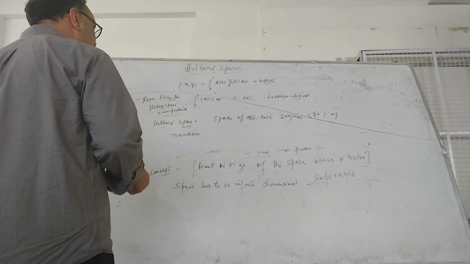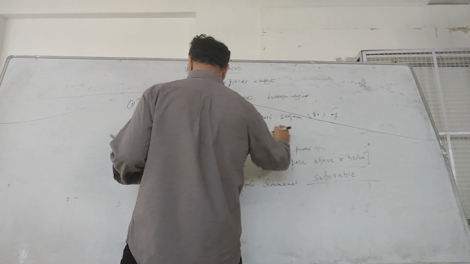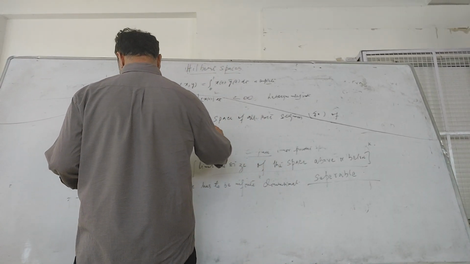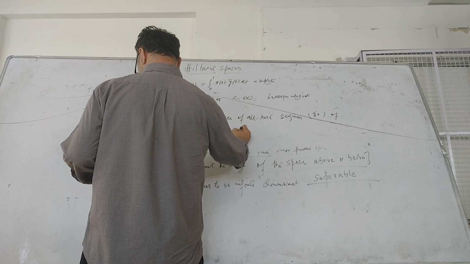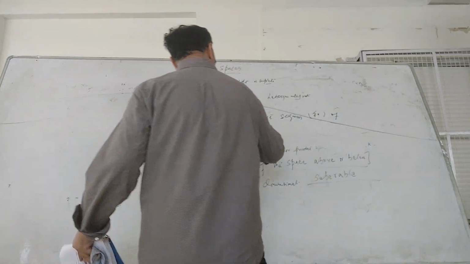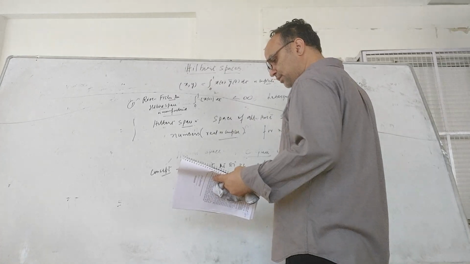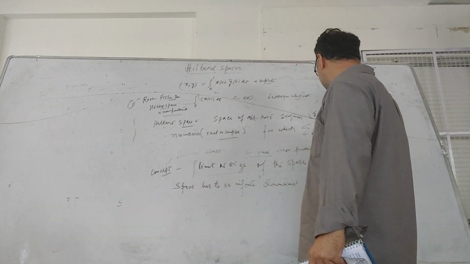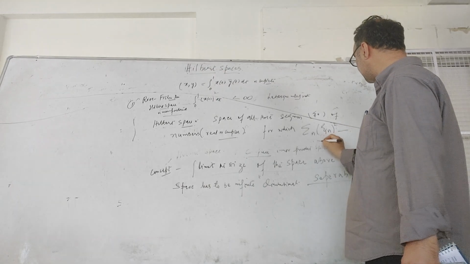But to begin with, Hilbert spaces are the space of all sequences of numbers, whether real or complex as the case may be, for which this square converges.